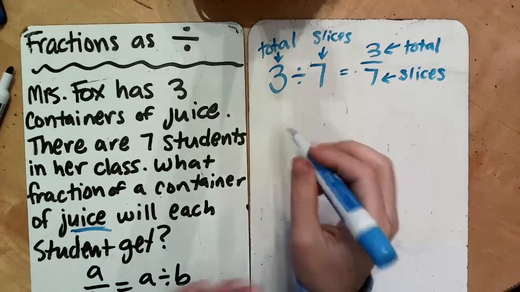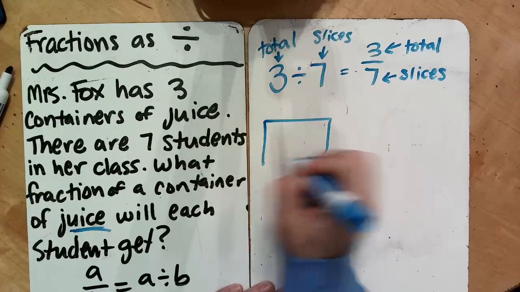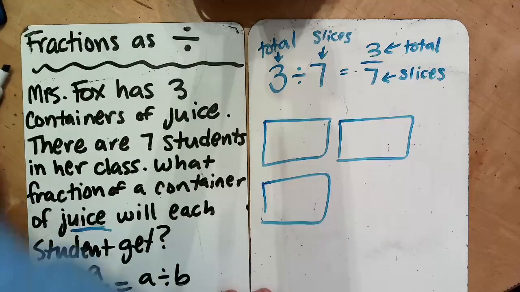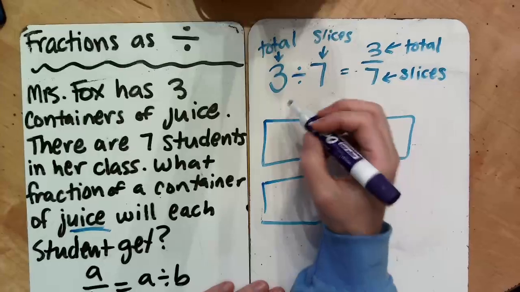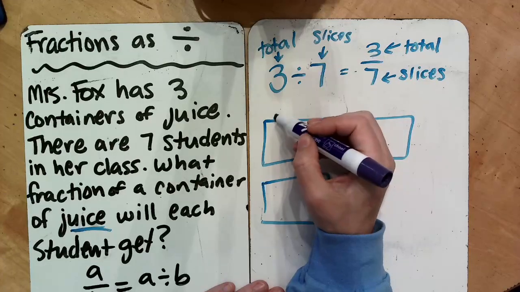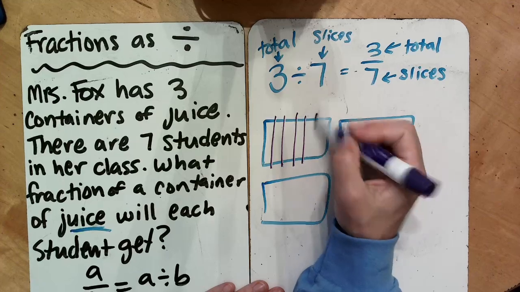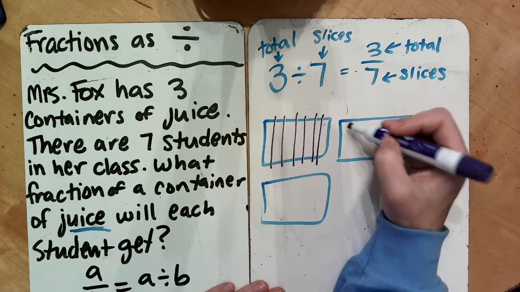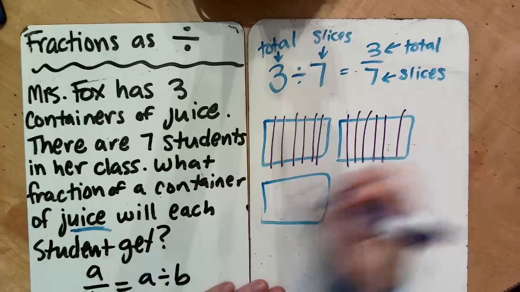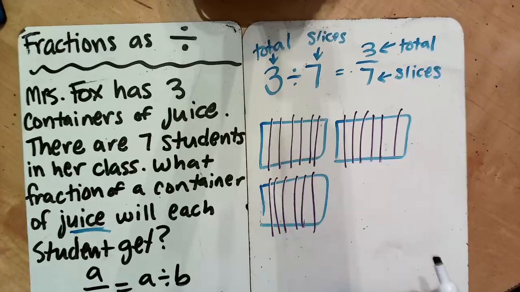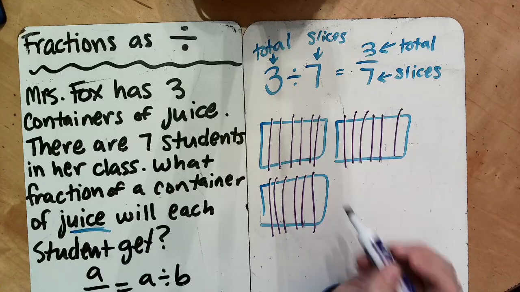So what a student is essentially doing is they're taking their 3 containers of juice and they're going to split them into 7 kids. So I'm going to pour a little bit in kid number 1's cup, kid number 2's cup, 3, 4, 5, 6, and 7. So each student is going to get a little piece of each container.